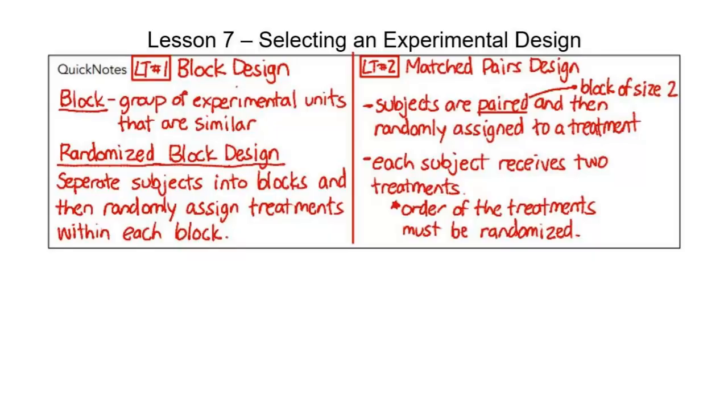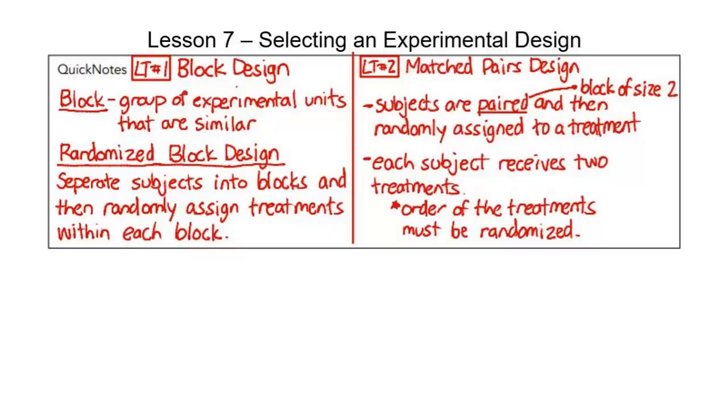That's another way of doing a matched pairs design, where a person would be paired with themselves. Or another one that I heard that I really liked is construction workers. If they're trying to test out a new type of work boot, you could flip a coin.